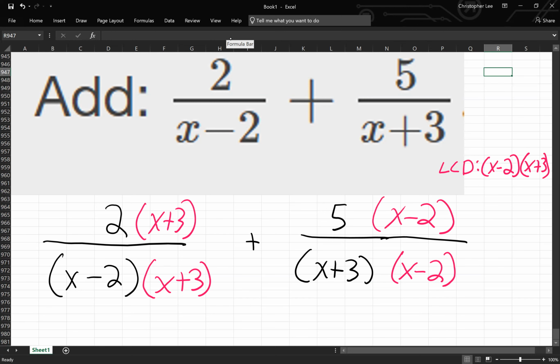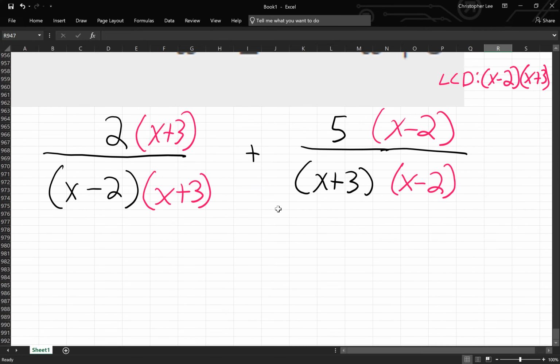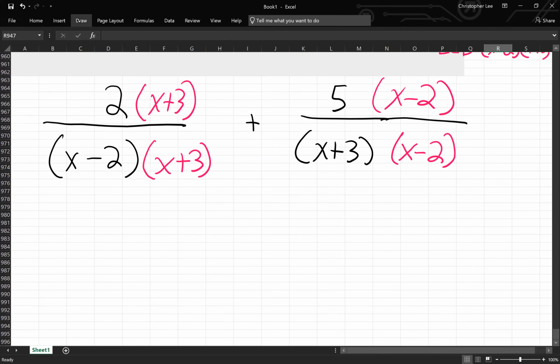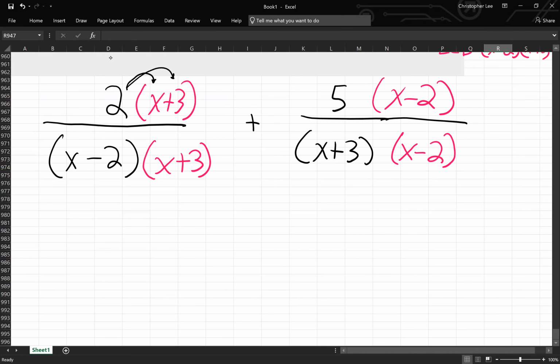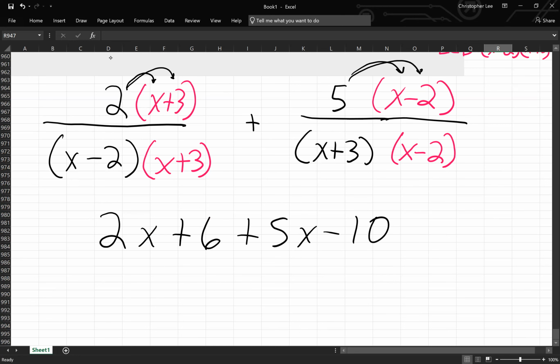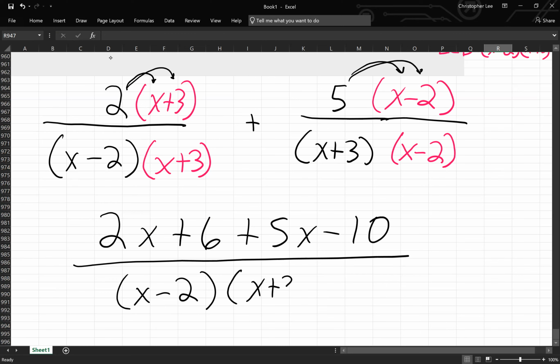Then after that, straightforward, right? I'm just gonna distribute, combine like terms, all that good stuff. So let's distribute the 2, distribute the 5. What do I have? I have 2x plus 6 plus 5x minus 10, all divided by that same denominator, (x minus 2)(x plus 3).